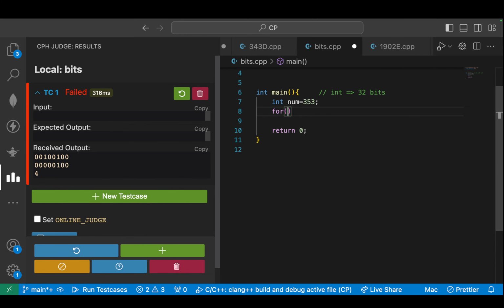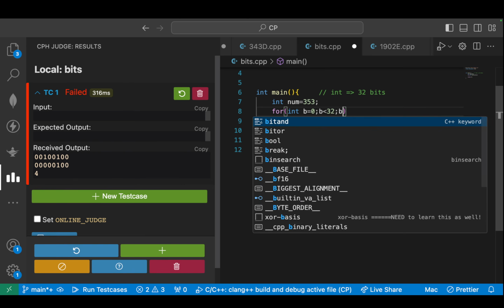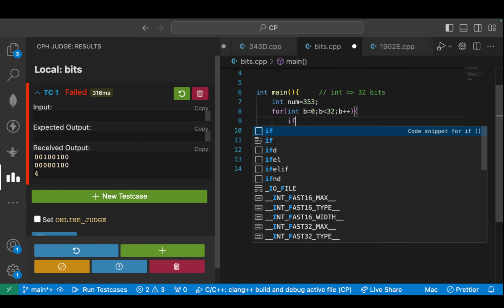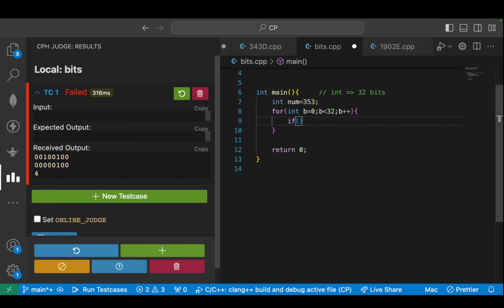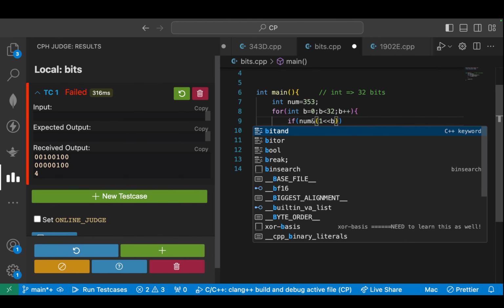So I want to traverse through all these bits. So I'll say that, okay, current bit is like the 0th bit till the 31st bit. I want to traverse amongst all. And now I have to check if the current bit is set or not. So pay attention over here now, because this part is actually important. Num AND one left shifted b times.